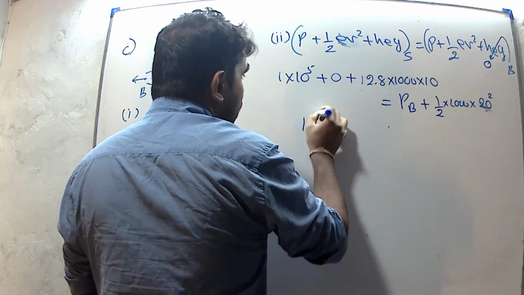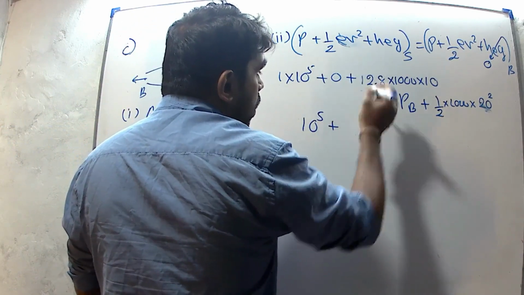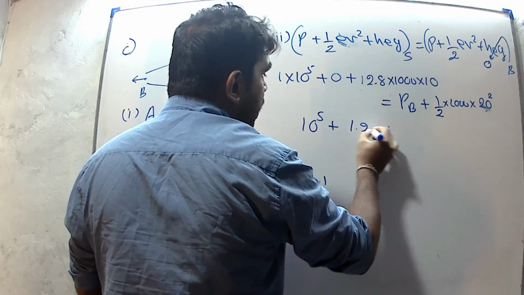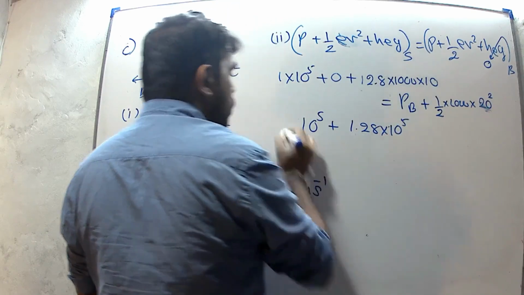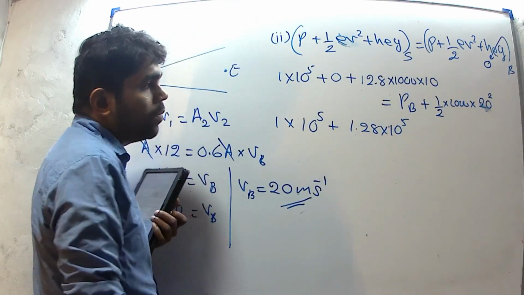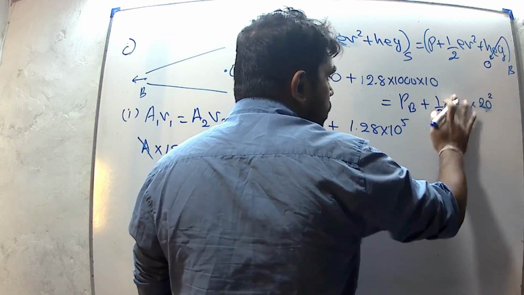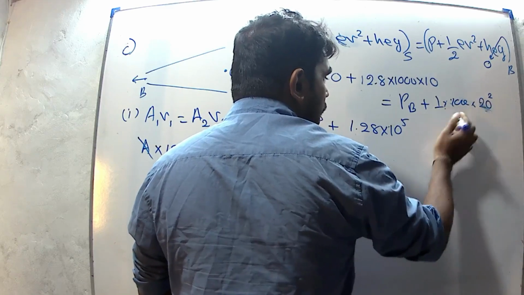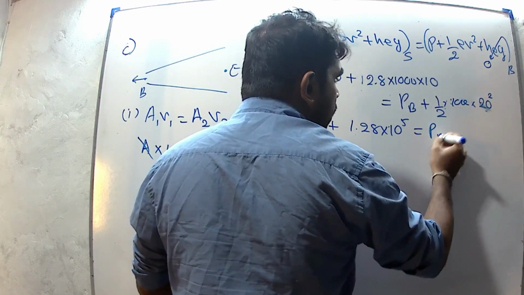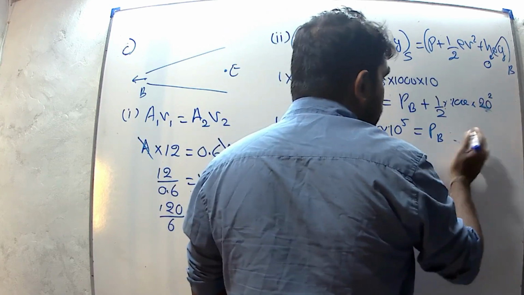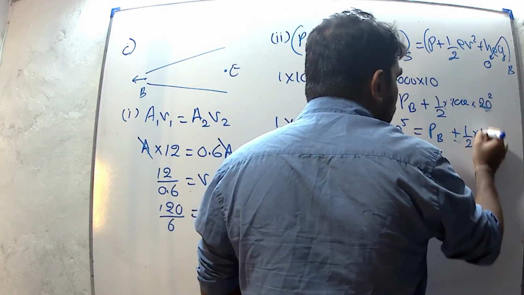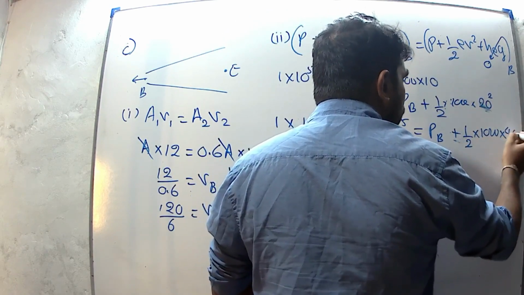10 to the power 5 plus 1.28 into 10 to the power 5. This is 1 into 10 to the power 5. We can cancel out 2 and substitute it. PB plus half into 1000 into 20 squared, 400.